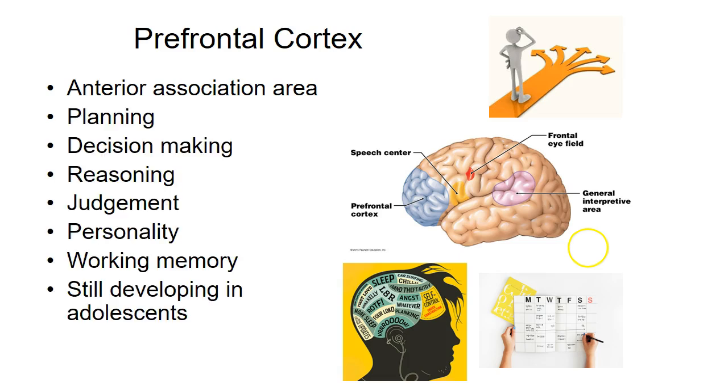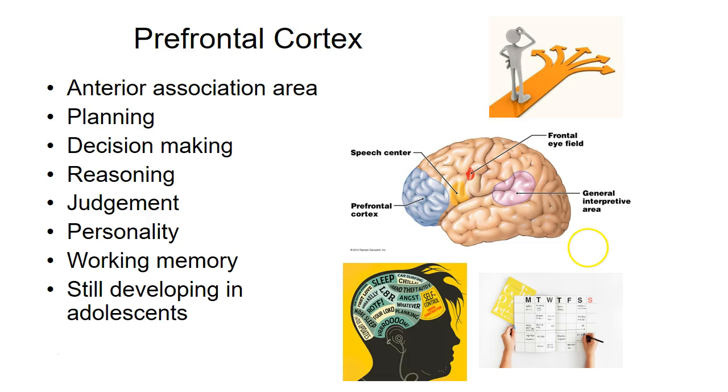All right, so here, this prefrontal cortex has all those executive functions that we talked about. So we're talking about behavior, personality, planning, decision making, intellect comes into here, some working memory. What we're talking about with working memory is kind of what you have going on right now that you need to access.